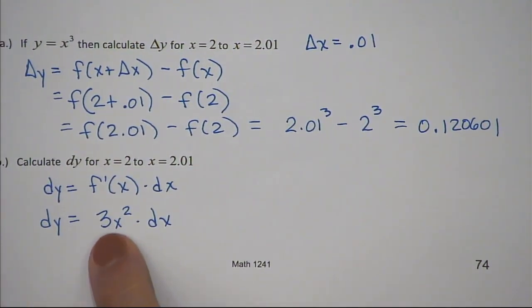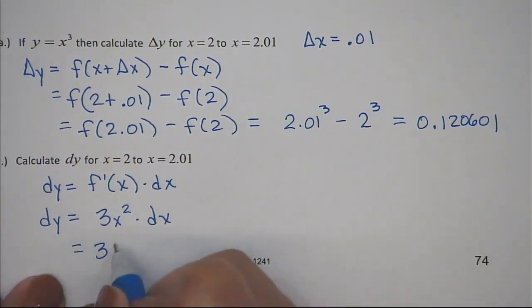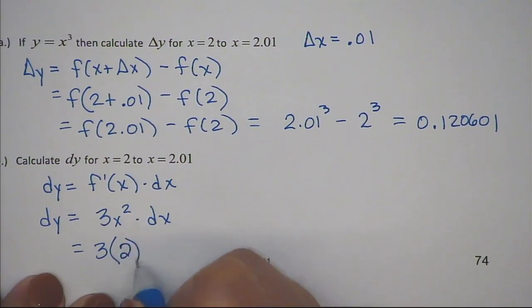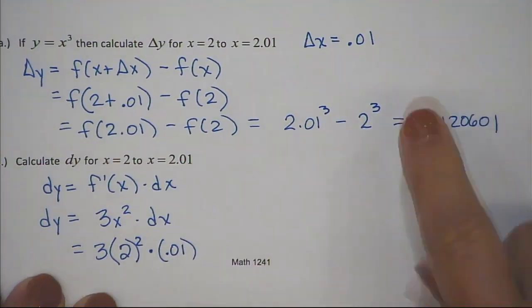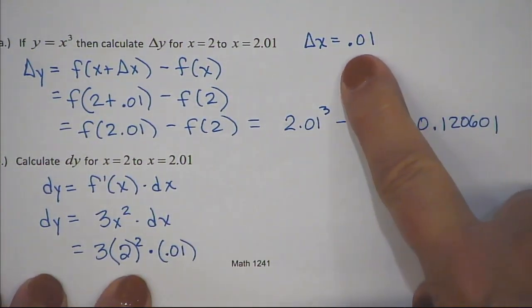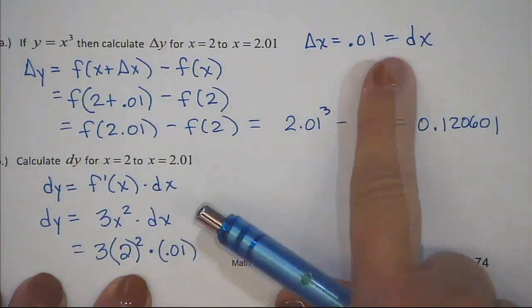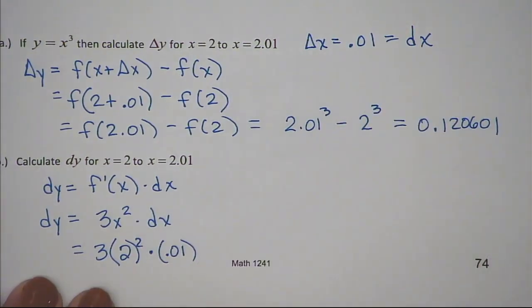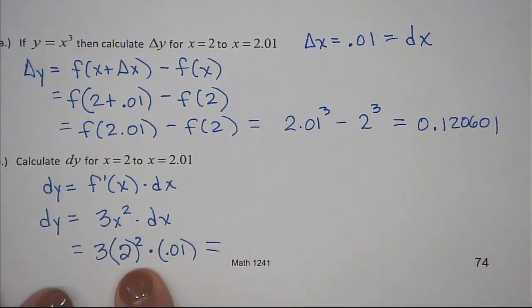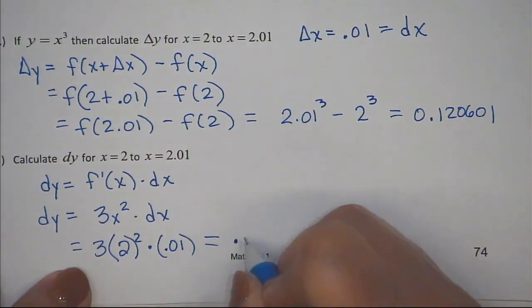Always you do the original for x in a problem. So we have 3 times 2 squared times 0.01, because remember, dx is the same as delta x. That's always the same. Once you have one of the x's, you have both. So delta x and dx are the same.